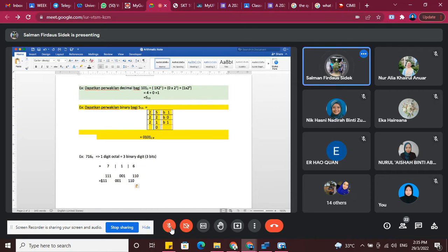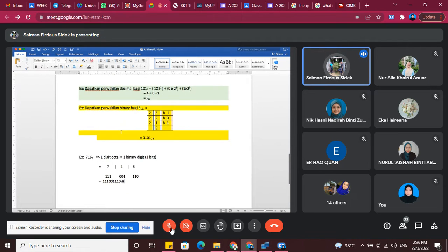So dalam exam, make sure you do all of these steps. Do not skip the steps. Okay, just put 2 here, so it means the number is in binary lah. Okay, this is the way how we convert octal to binary.